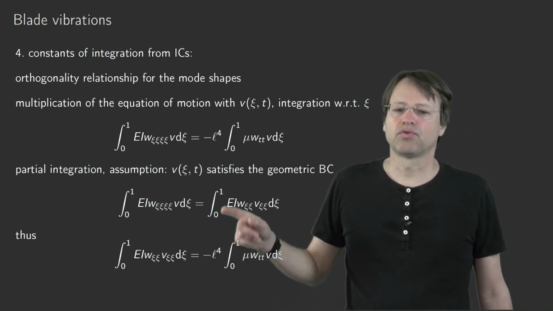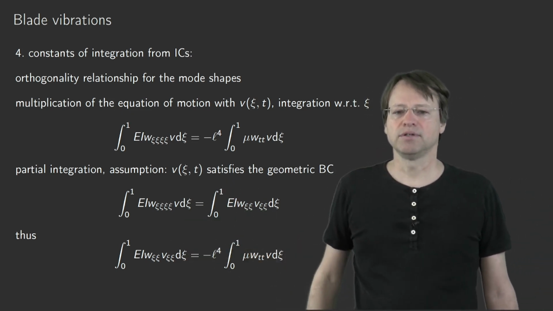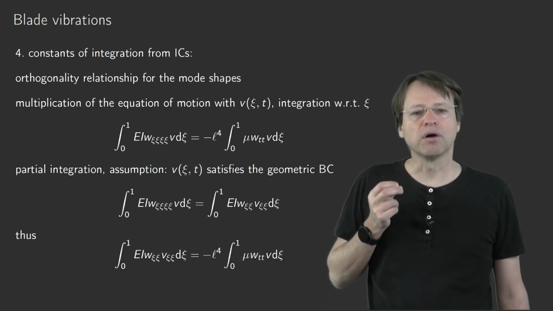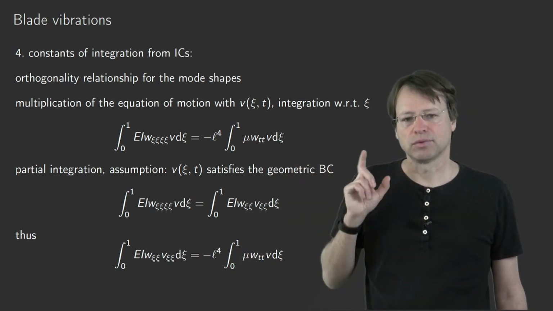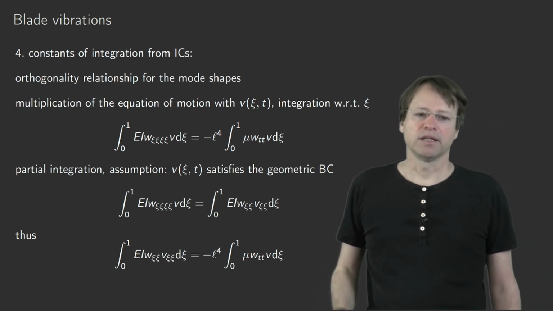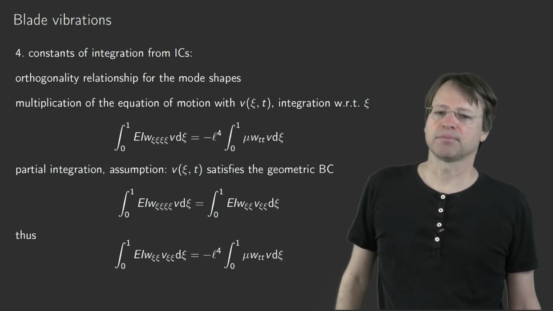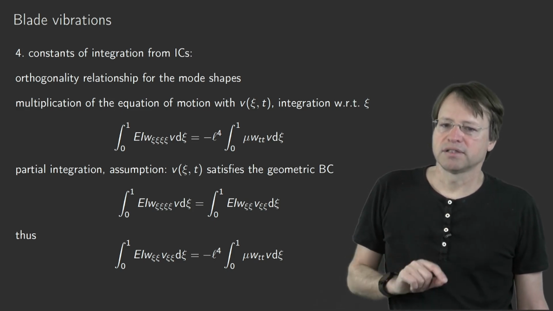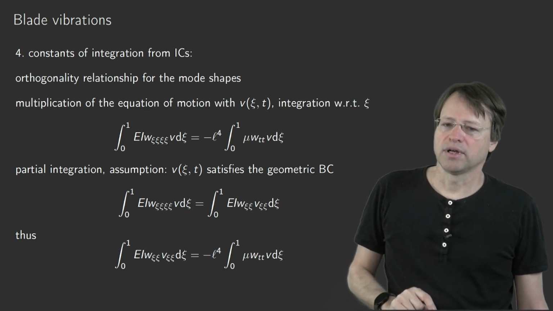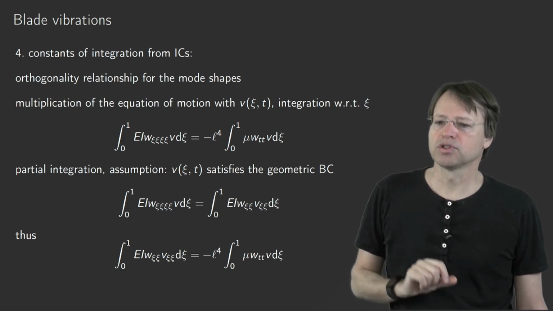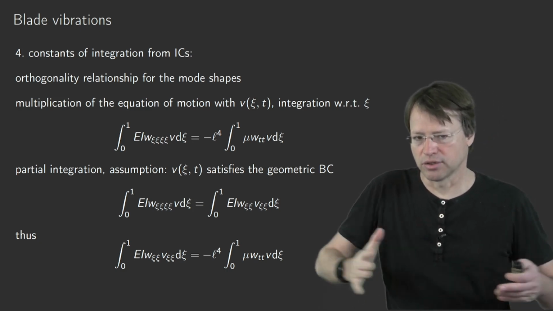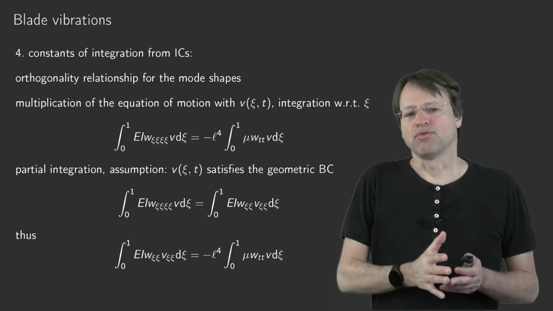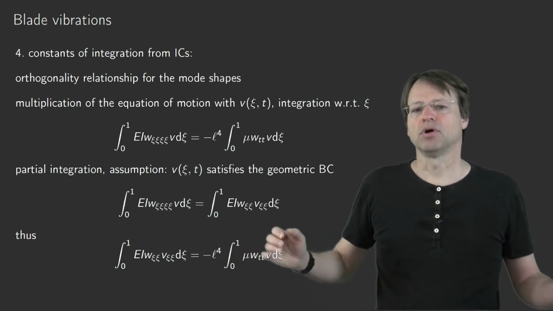Now let's move from w and v to Bernoulli separation, because we want to show a property for the mode shapes, so for the capital W's, and this is the point where we introduce capital W. Now we replace lowercase w and lowercase v by solutions. The general solution is a superposition of all possible solutions, of all the mode shapes.